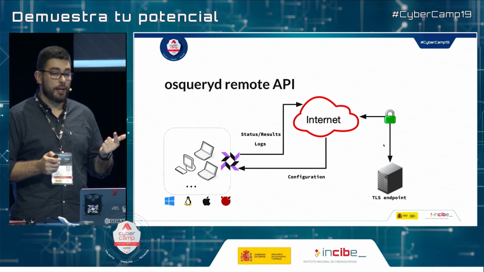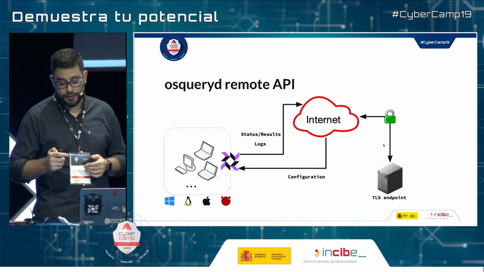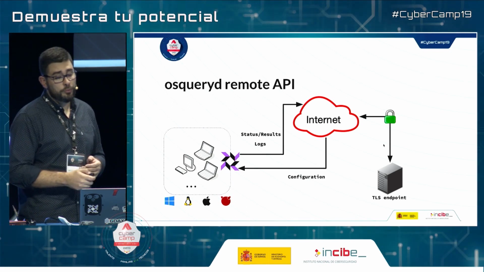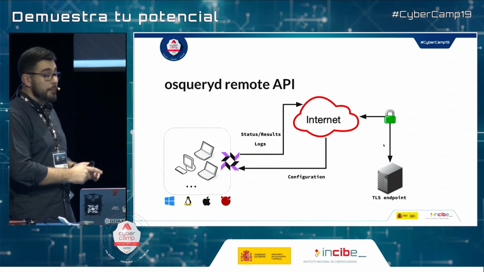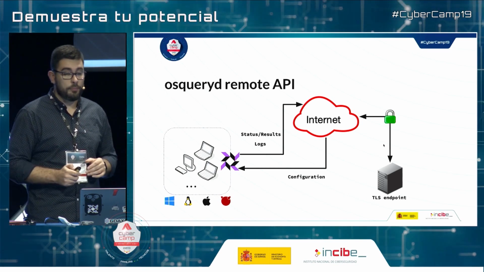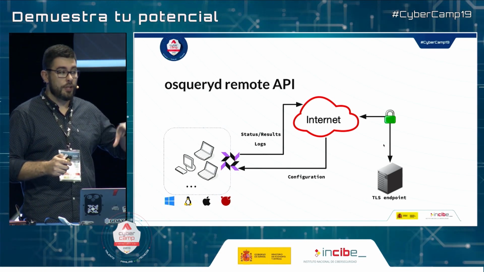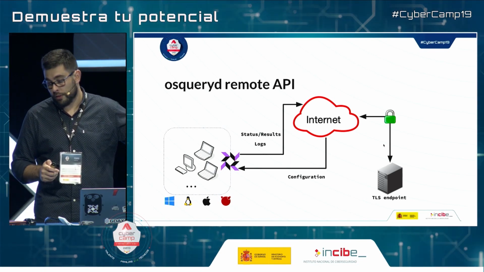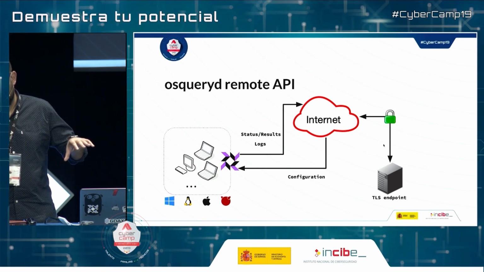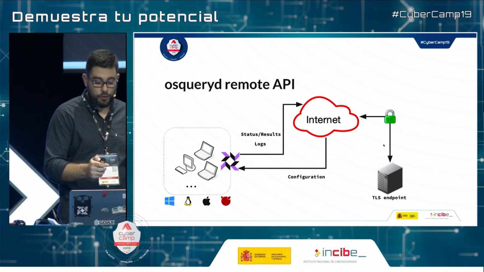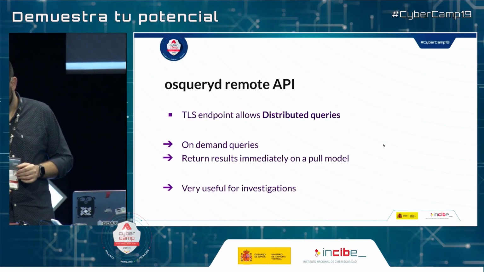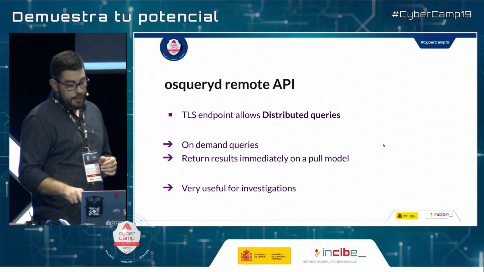And this basically distributes the osquery configuration. So this is a simplified diagram, because this is the most basic concept of machines using osquery. So this is how it would work with a centralized server.